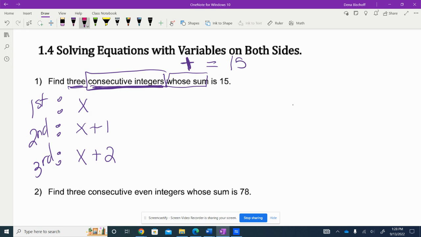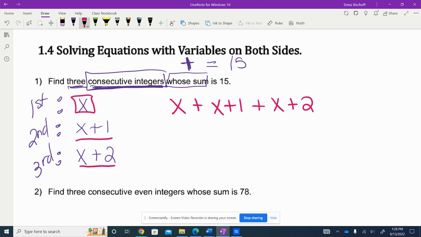So let's talk about how we write that. This is our first integer, x, plus our second integer, x plus 1, plus our third integer, x plus 2, all equals 15.